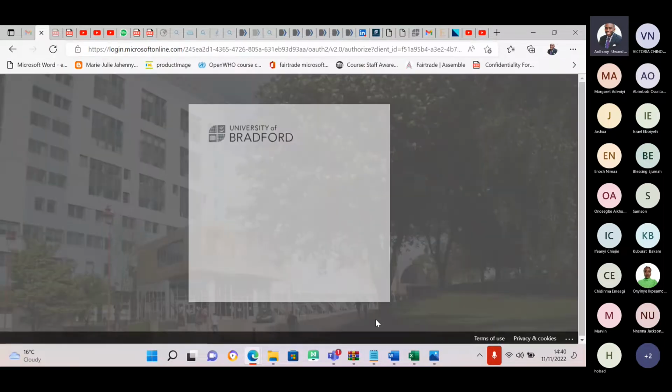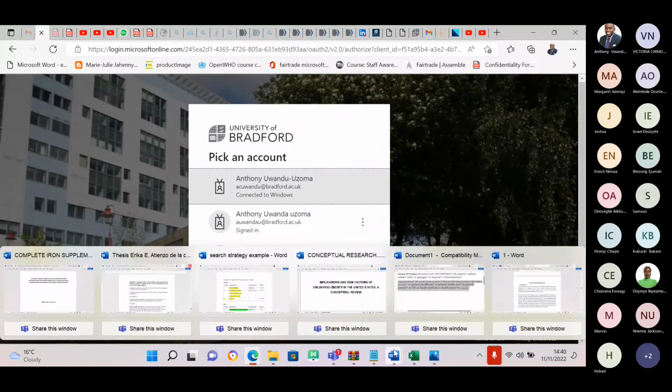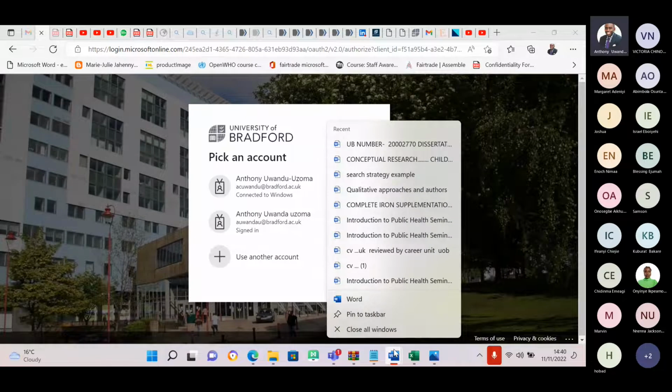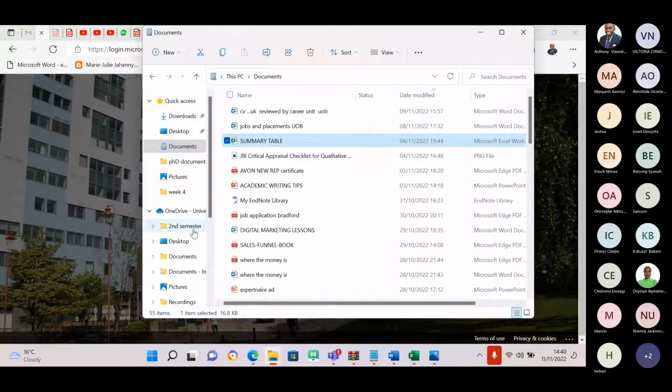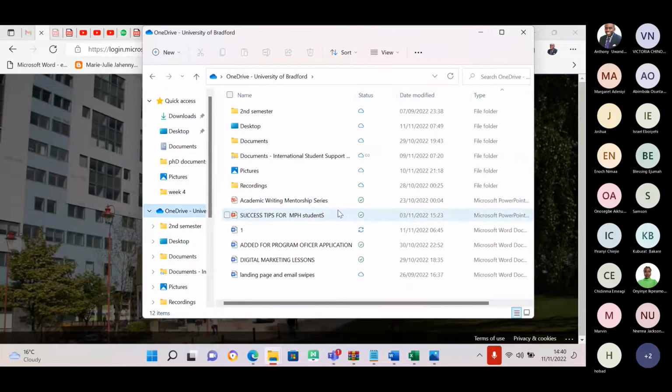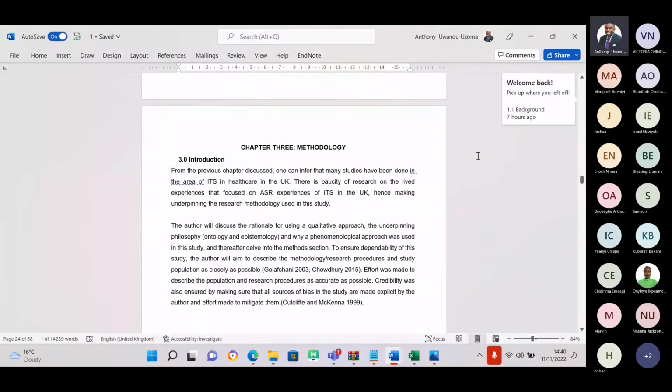Let me start first with my dissertation, qualitative approach. So can you see my screen clearly now?